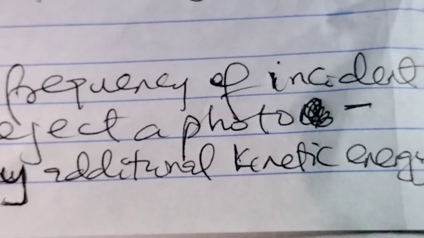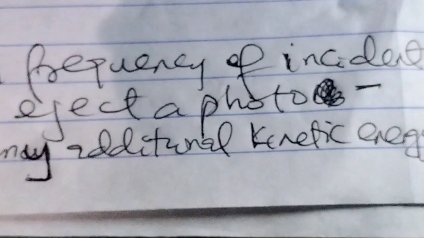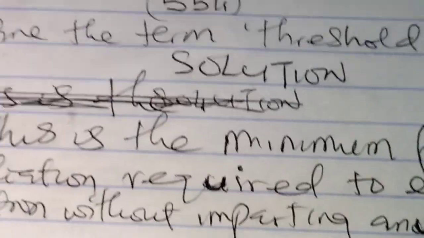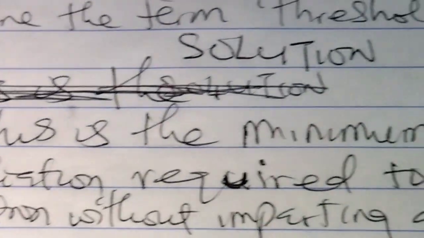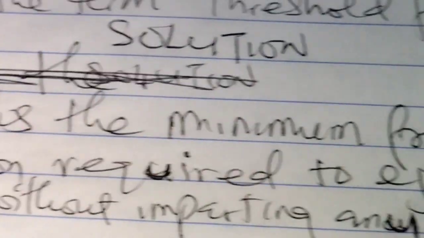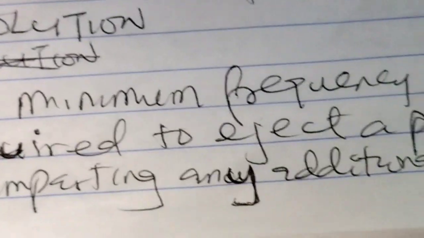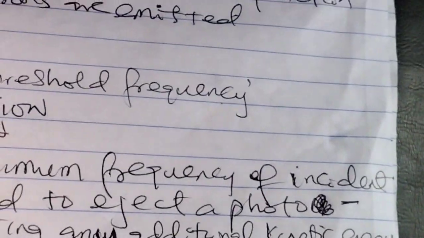So that is photo-electron, without imparting any additional kinetic energy. I repeat, this is the minimum frequency of incident radiation required to eject, or you can say remove, a photo-electron without imparting any additional kinetic energy.